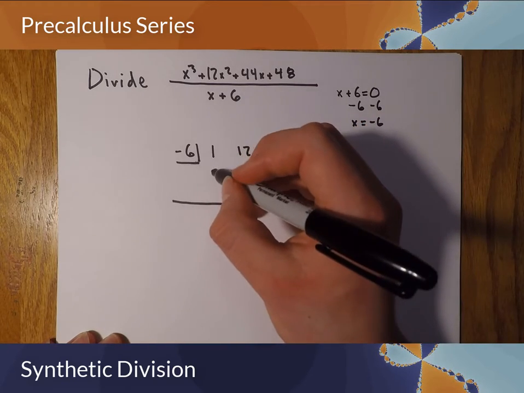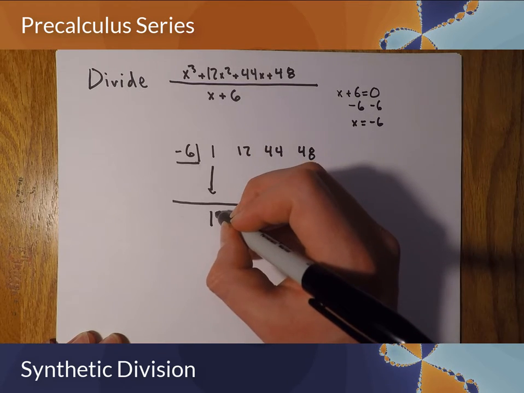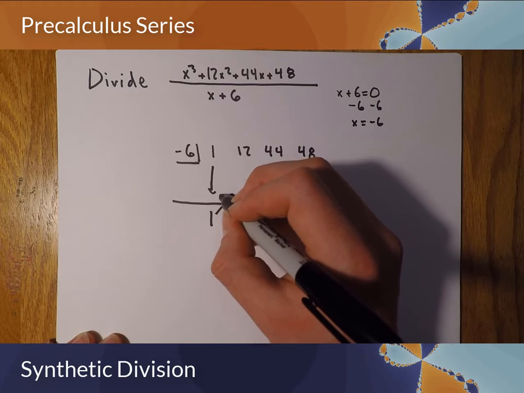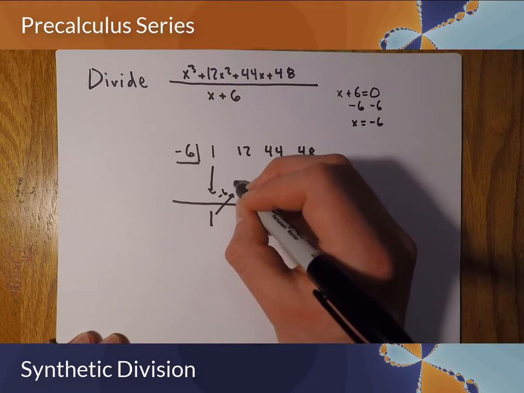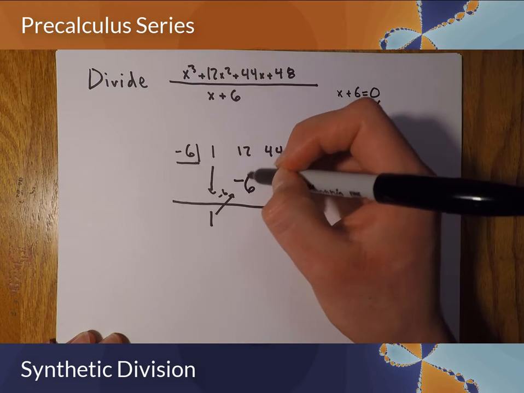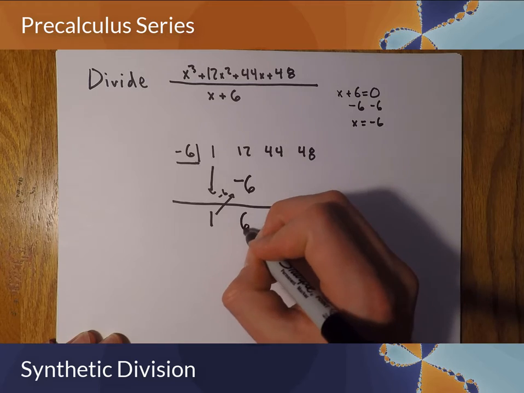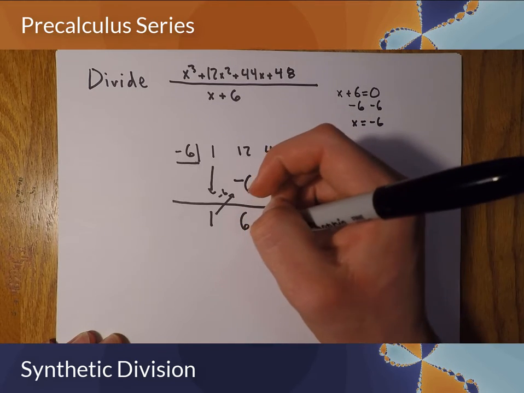So now you want to bring down your first coefficient, and then you multiply by a factor of -6. So you get -6 here. Now you add these two numbers together. So 12 minus 6 equals 6, or 12 plus -6 equals 6.